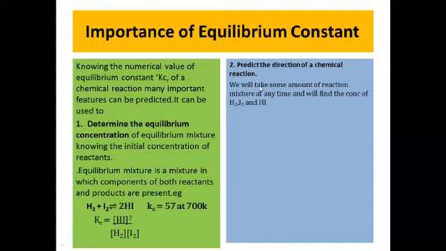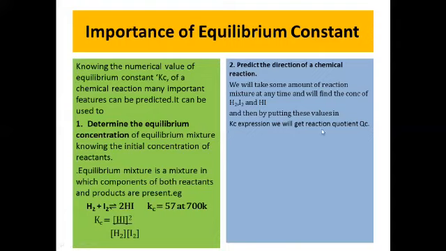We take some amount of reaction mixture at any time and find the concentration of reactants and products after a regular interval of time. Then by putting these values in the equilibrium constant expression, we find a value, but we call it Qc, not Kc, because Kc is only the value at the equilibrium state.